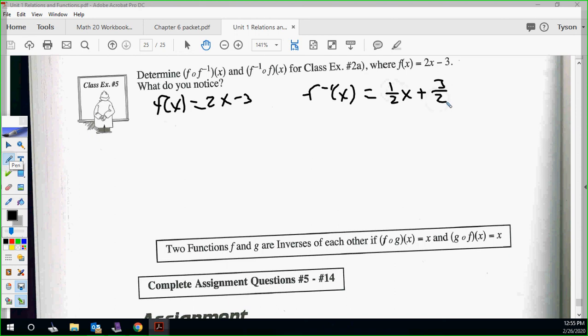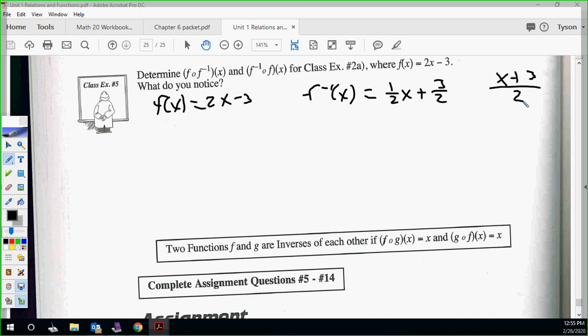You can't write just x. 1/2 x plus 3 over 2? Oh, the whole thing? Sure. Yeah, that's fine. A little hard to see the slope there, but that's fine.